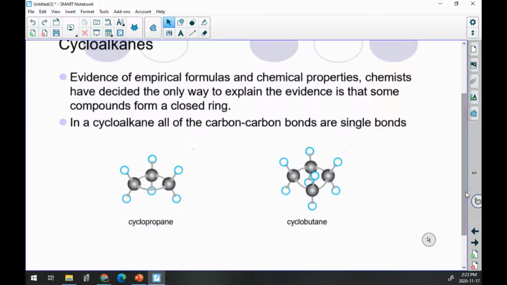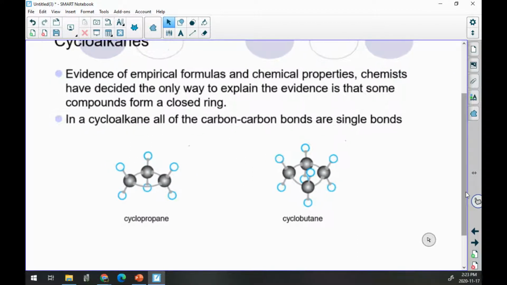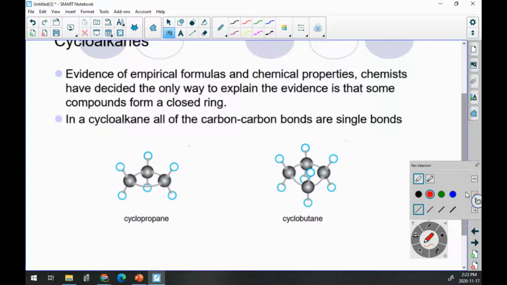The only explanation is that two of the hydrogens disappear, and these carbons form a bond, so you end up with a ring.